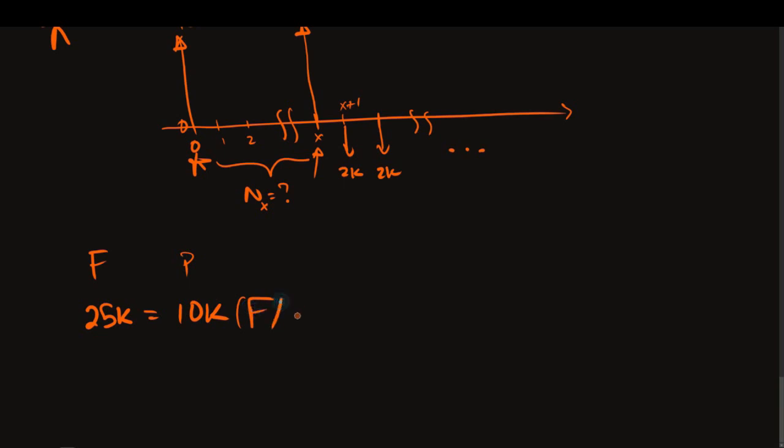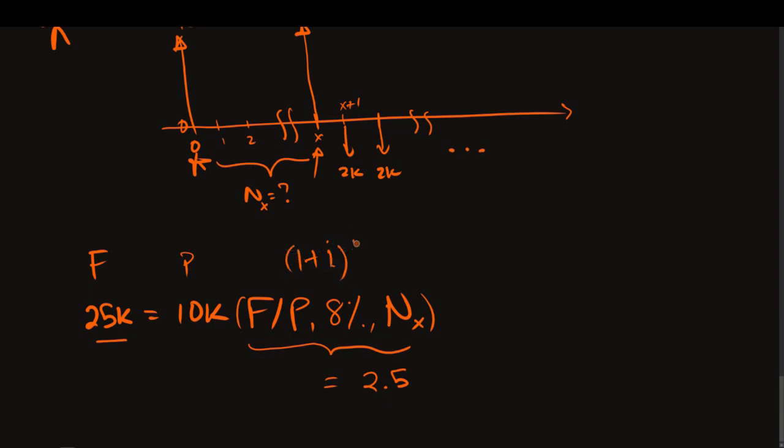So I'm looking for F given P at 8% for some n X. So that means this factor right here is equal to 2.5, because then you get the 25K you want. 10 times 2.5, 25K. So I can either solve this using the equation, which would be 1 plus i to the nth, and just solve for n.